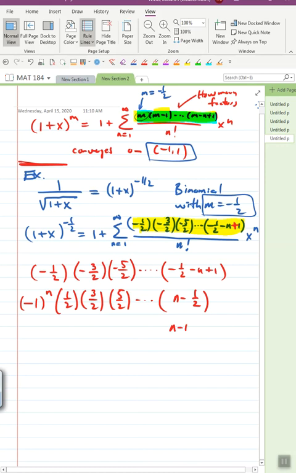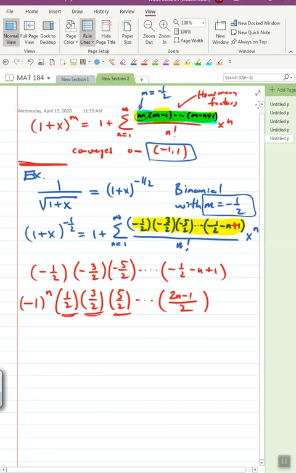So far, so good. What's another way I could write n minus 1/2? Well, since I see all these other guys have denominators of 2, how about I just call this (2n minus 1) over 2, just to combine these two and get a fraction that has the same denominator as all of these. In which case this guy now becomes (2n minus 1) over 2.